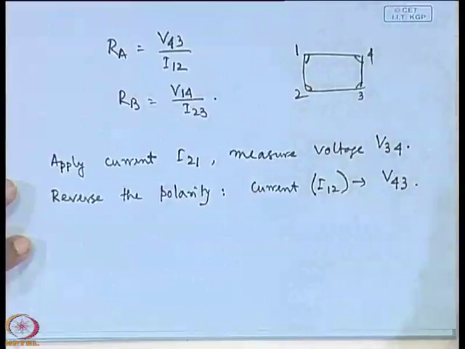It is very important to minimize the error in the measurements and also the effects of contact resistances, the thermoelectric effect, etc. And in the next class, I shall show you how this measurement of current and voltage leads to the determination of the electrical resistivity of a thin sheet of material using the Van der Pauw configuration.